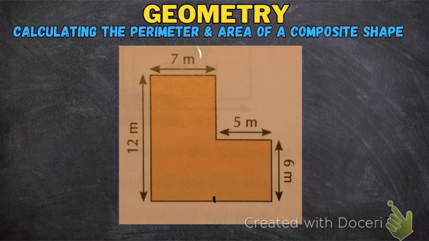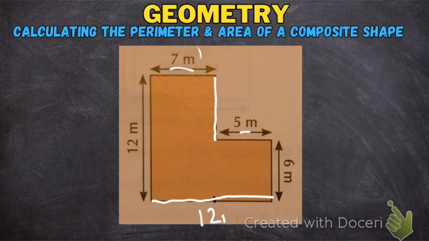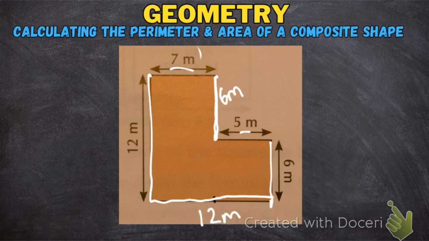So we've got just one missing length, well, two missing lengths. We've got this one and we've got this one. So the bottom line must be 7, add 5, which is 12 meters. And then this part here must be 12, take away 6, which is 6 meters.